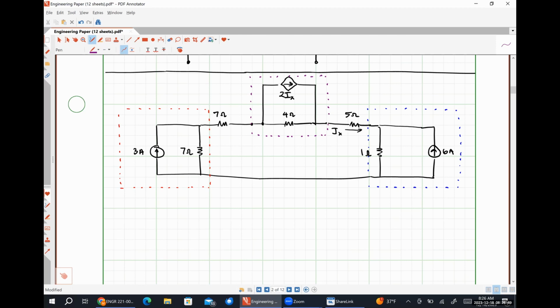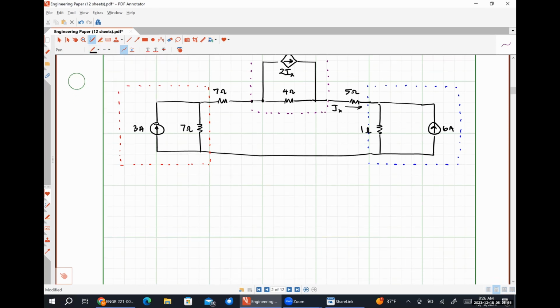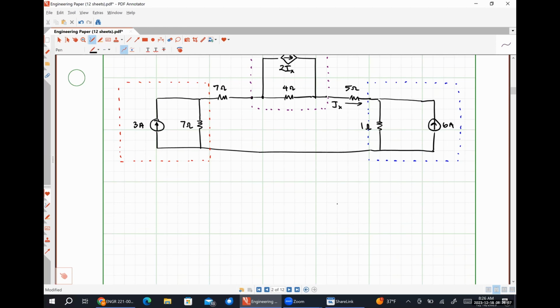So if I perform source transformations, let's start with the network on the left. What would 3 amps in parallel with 7 ohms transform into? So 3 times 7 is 21.